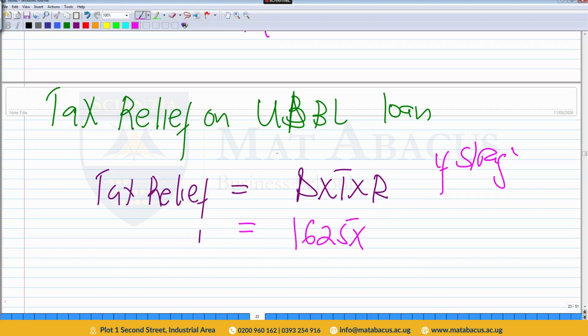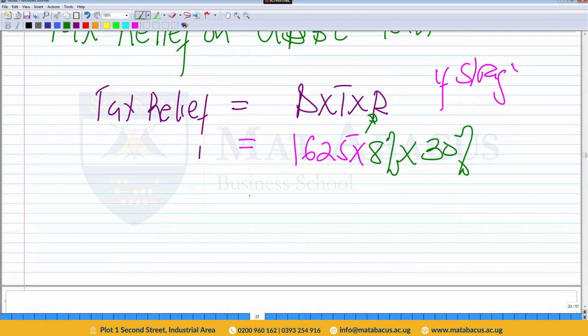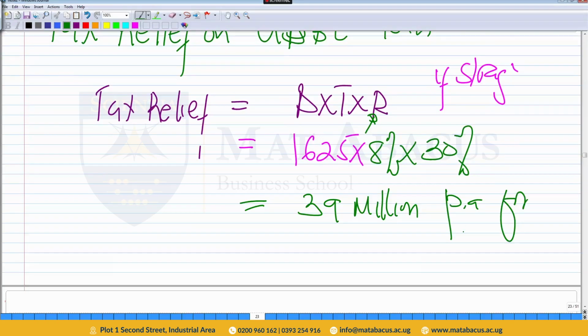The coupon rate, 8%, coupon rate is R, times the tax rate, which is 30%. When you multiply, the tax relief you get will be 39 million. This will be per annum for 5 years.